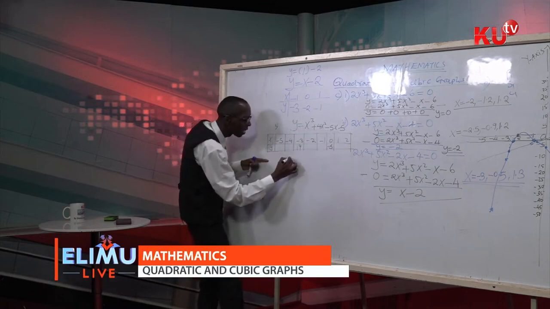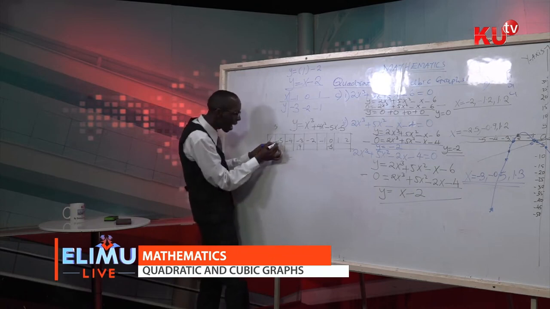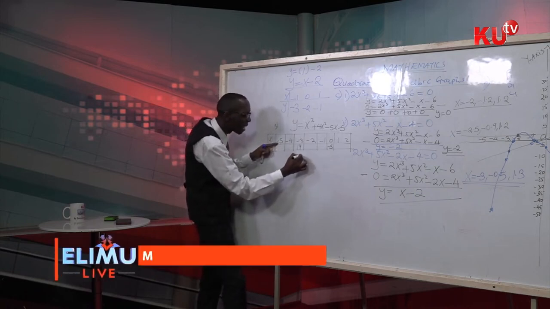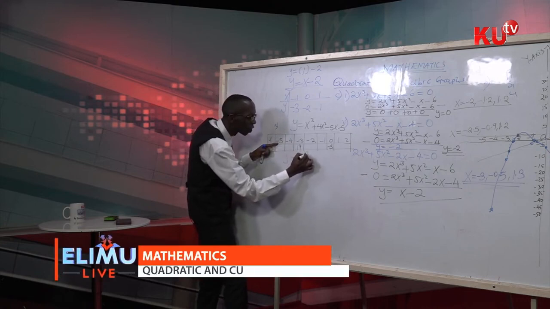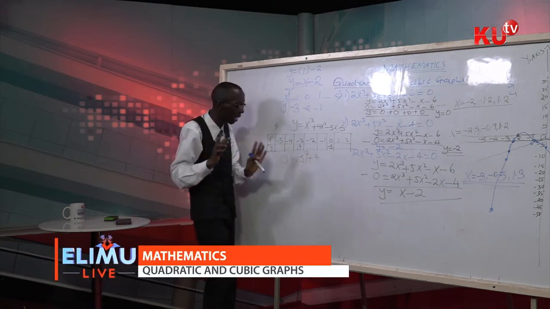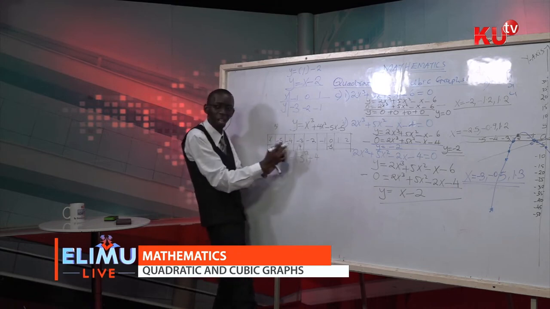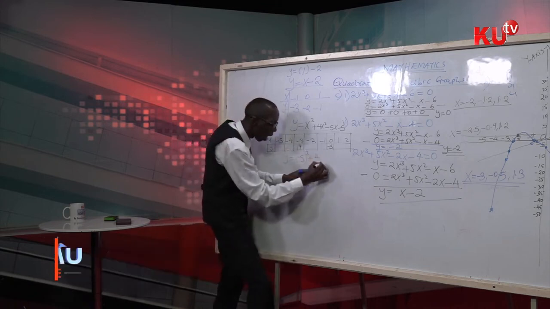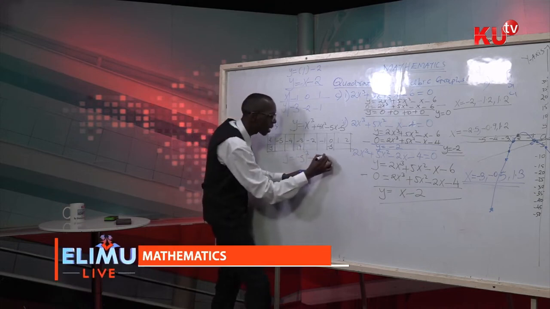You go to your equation, write it, and type it in your calculator like this. y equals, when x is -5, write (-5) cubed plus 4 (-5) squared minus 5 (-5) minus 5. This is how you type in your calculator.